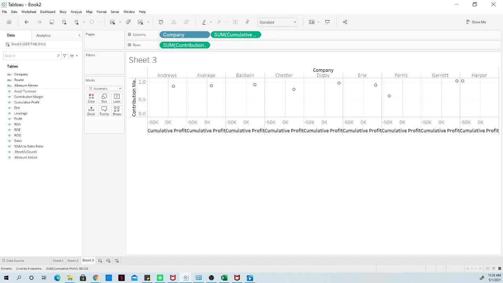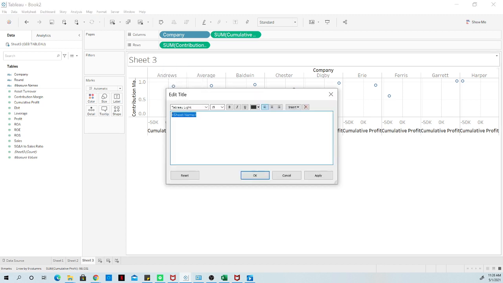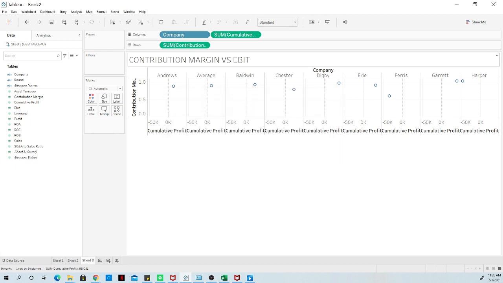So let's take a look at sheet three, where we're taking a look at contribution margin versus the EBIT. Some persons call the EBIT the operating income. We're just going to use EBIT. So the contribution margin is basically revenues minus variable costs and expenses.